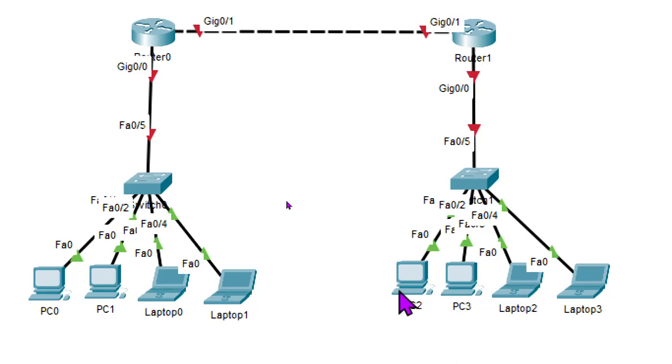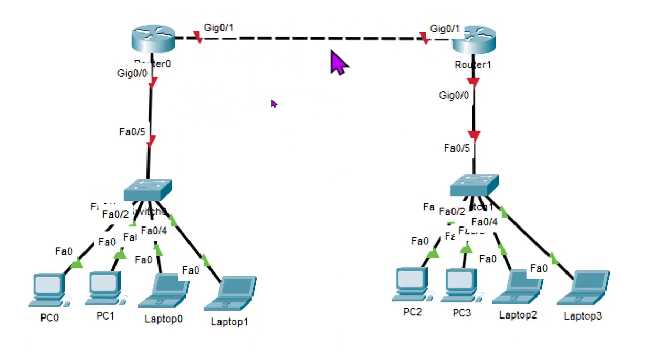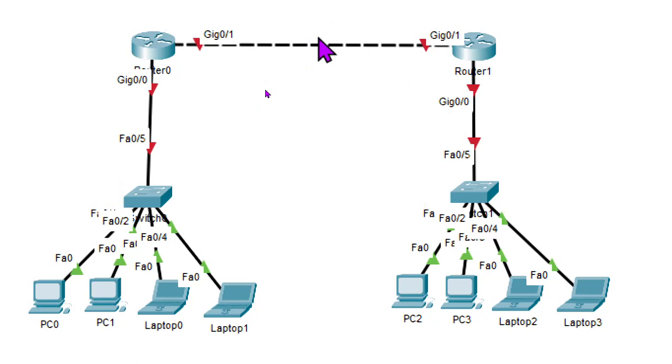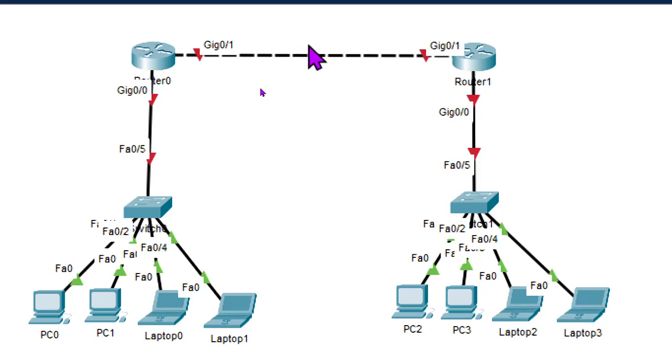We have two local area networks. We have this one and this one. Then we have a link between the two routers that connect these two local area networks. So here, if you're asked how many networks do we have here, it's 1, 2, 3. And how many local area networks? We have only 1 and 2. The third network is being used to connect the two local area networks.